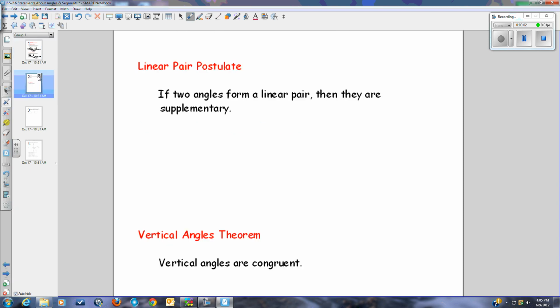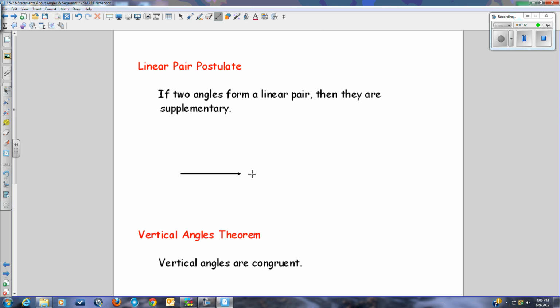So let's move on. Next, we're given the linear pair postulate, which basically says if two angles form a linear pair, then they are supplementary. So let's just refresh our minds on what a linear pair looks like. A linear pair is two angles that share a common side, and they create a straight line together.